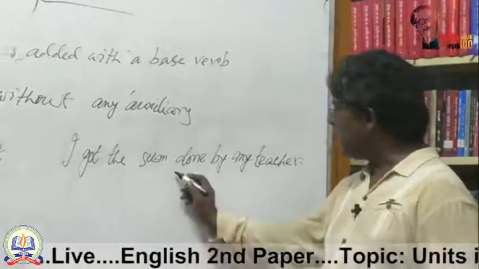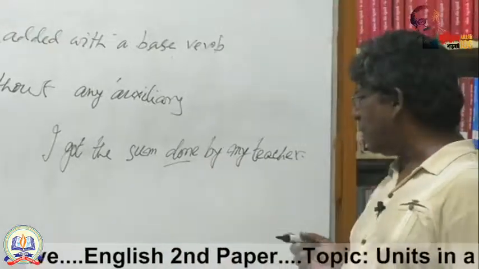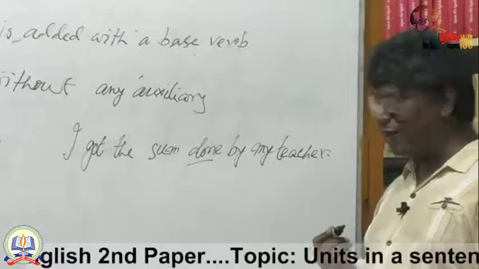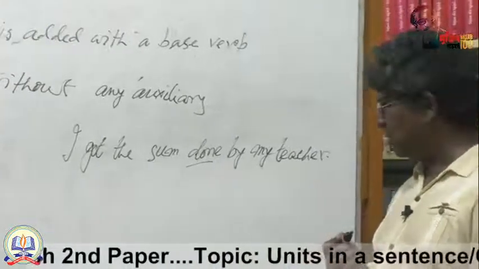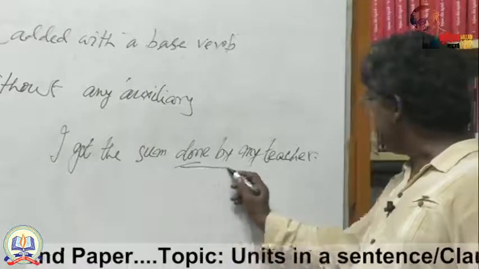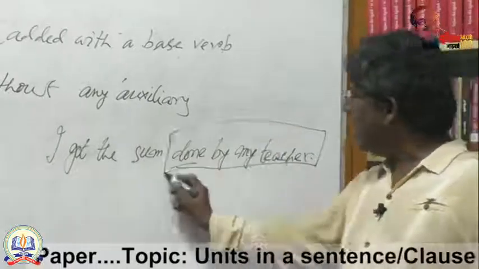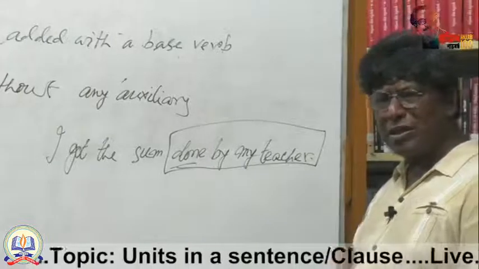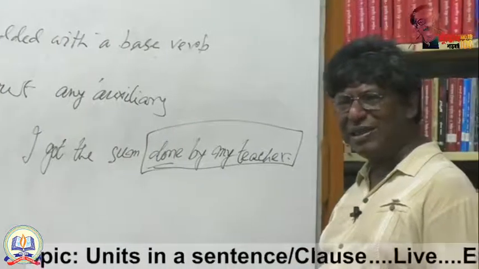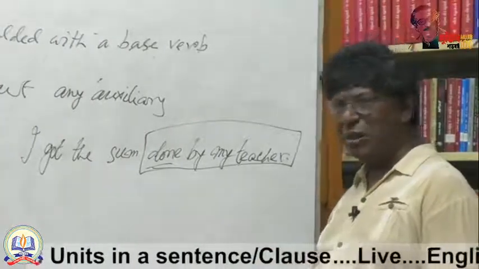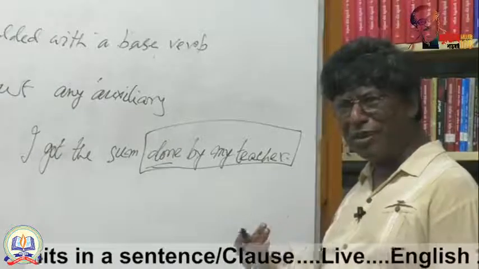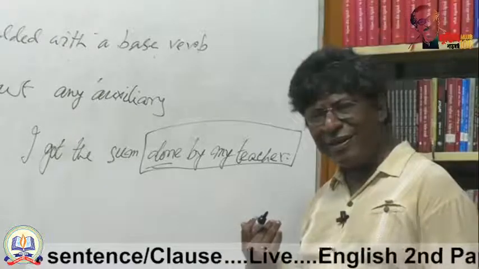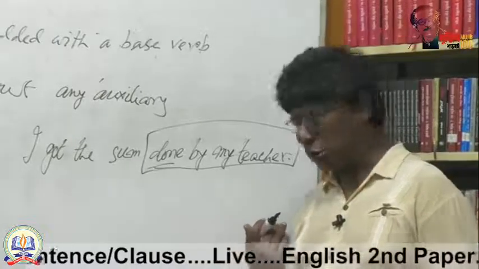We get the past participle of the verb do without any auxiliary verb before it. So this is a past participle used as the extension in a sentence. A past participle phrase used as an extension in a sentence or clause.